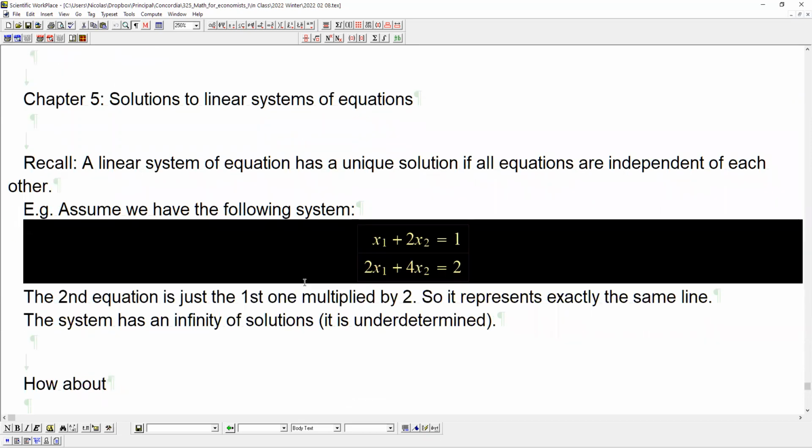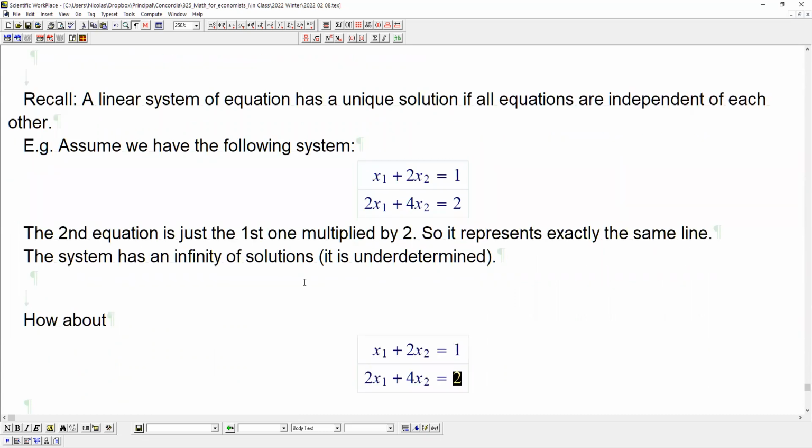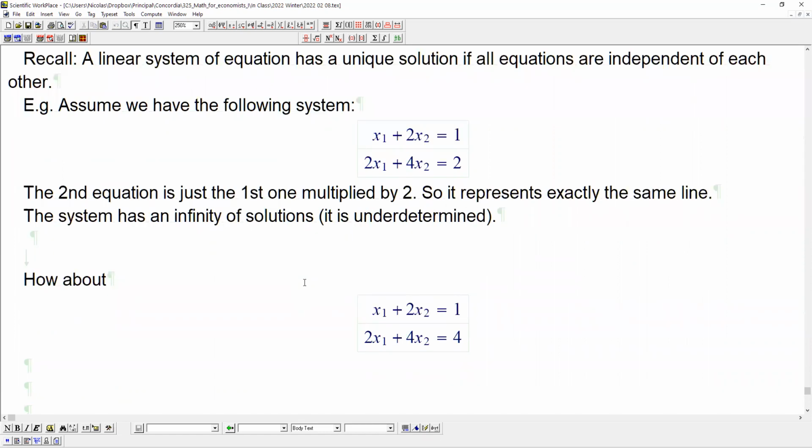If I keep the same thing, but instead of having 1 and 2, I have 1 and 4. If the previous case was 2 lines exactly on top of each other, then these are exactly parallel, but they never intersect. So how many solutions do I have? I have no solutions. These represent lines that are parallel.